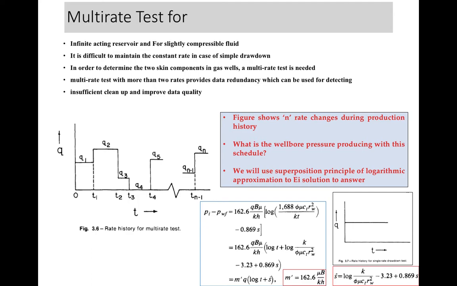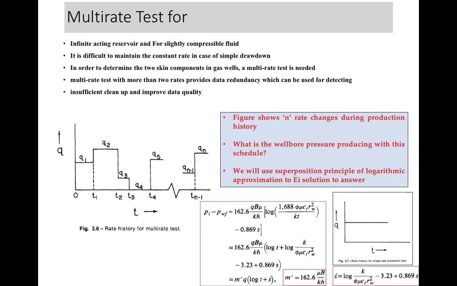Another thing is that in gas wells we have two different kinds of skin. One kind of skin is due to formation damage, right? And the other kind of skin is due to turbulence near the wellbore, right?